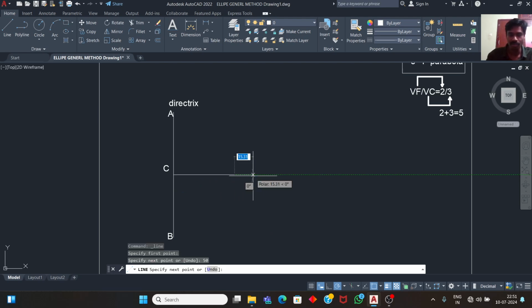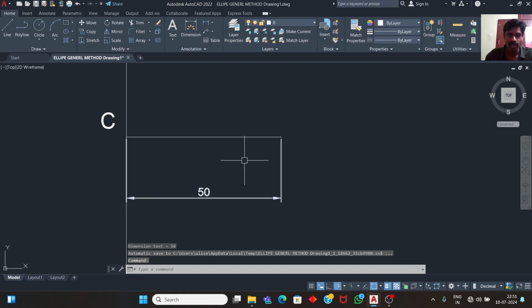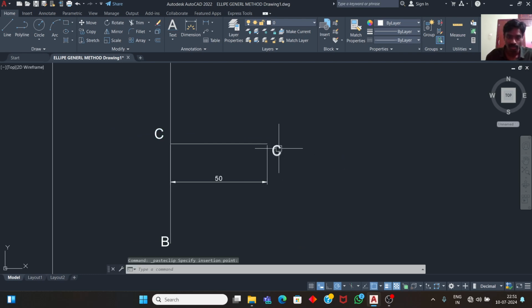Give the dimension to this line. This is exactly 50 mm. And also give the notation of this point. This is the focus F. Focus will be indicated by F.